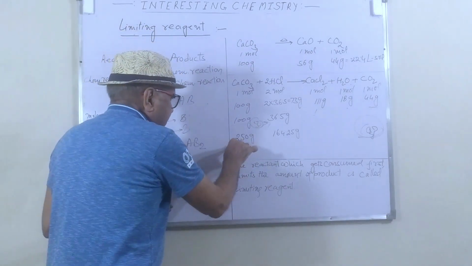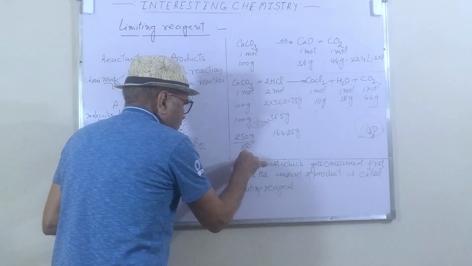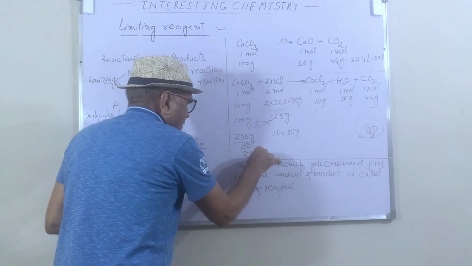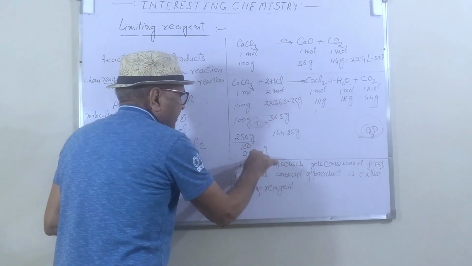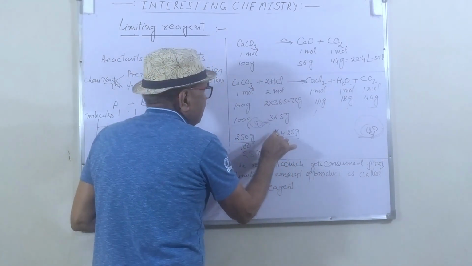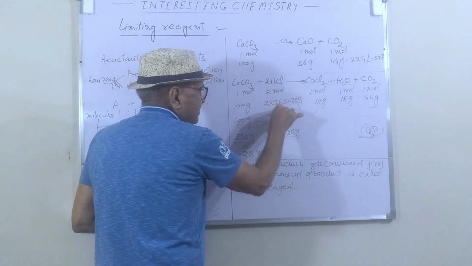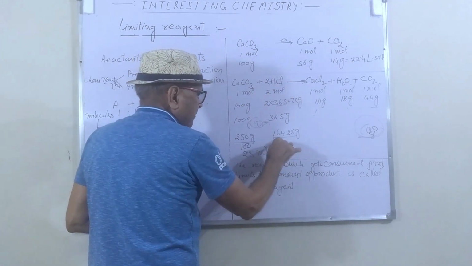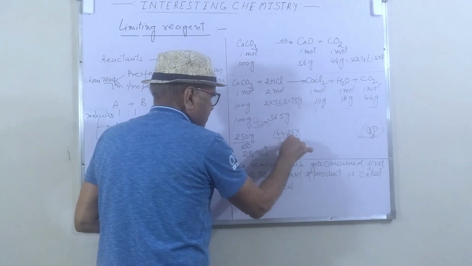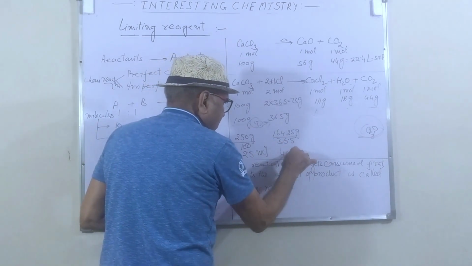Divide by 100, so here 2.5 mole of calcium carbonate. And for HCl, 1 mole of HCl is equal to 36.5 gram, so you divide by 36.5. It will be 4.5 mole.